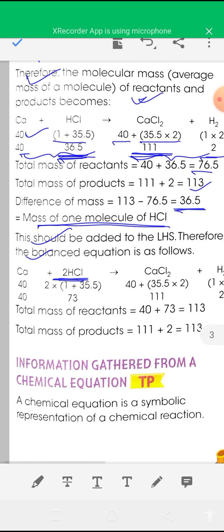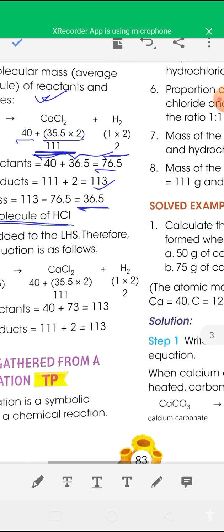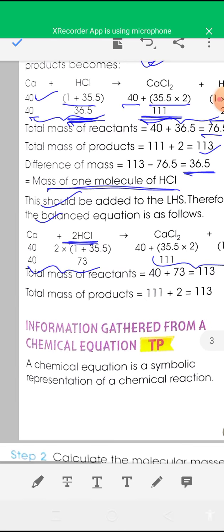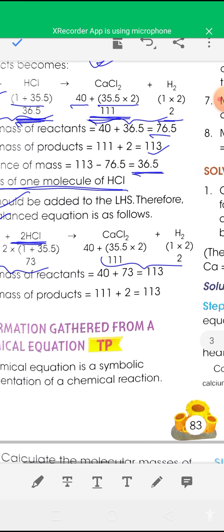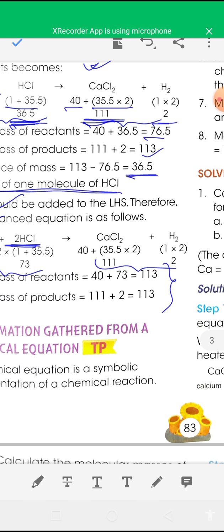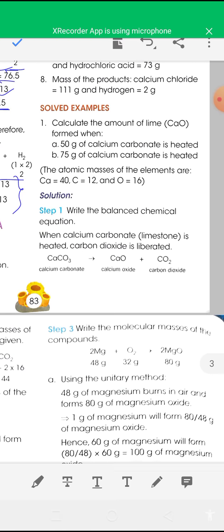Now the total mass of reactants, 40 plus 73, equals the total mass of products, 111 plus 2. On both sides the total mass becomes 113. So using these two methods you can balance the chemical equation.